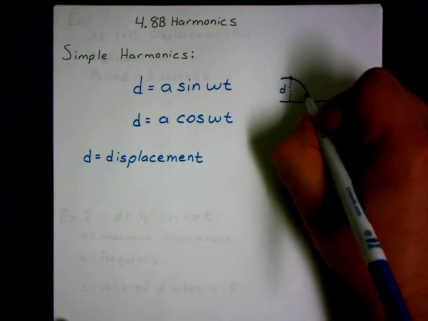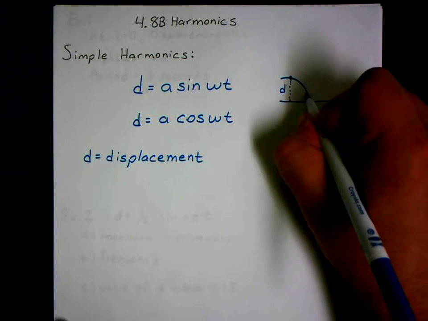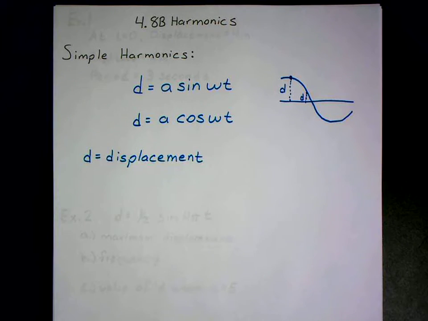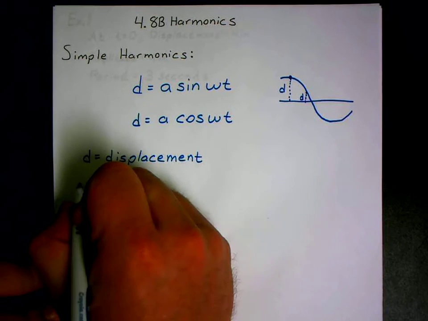D could also be here. That could also be D. So D is the same as your Y value whenever we were doing this. A would be your amplitude.